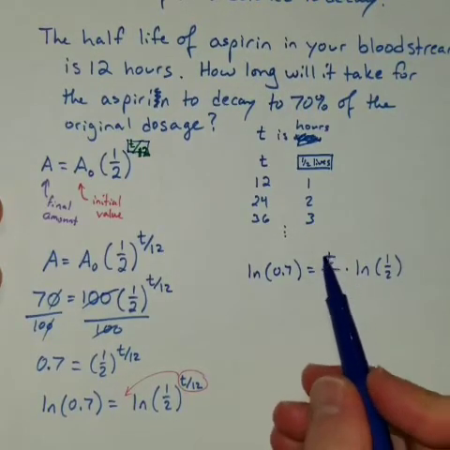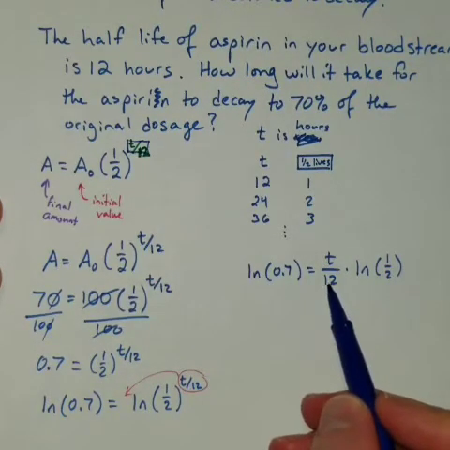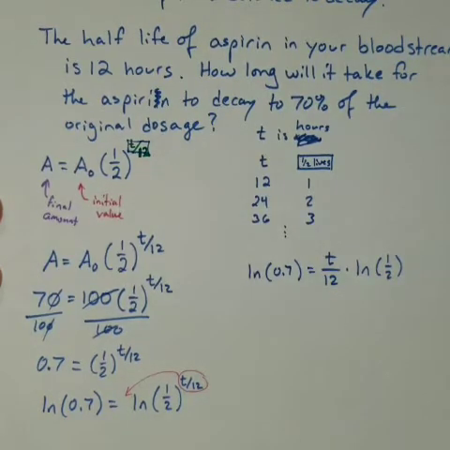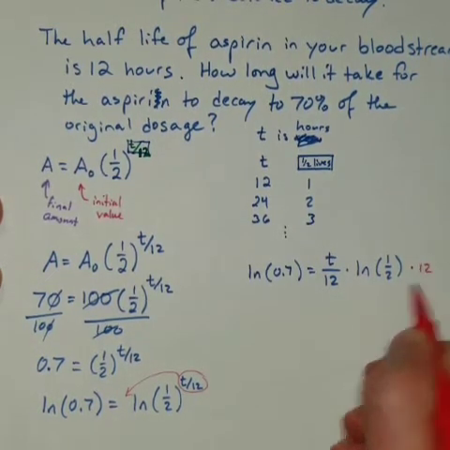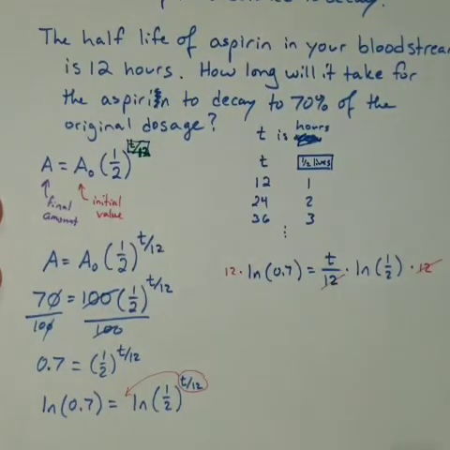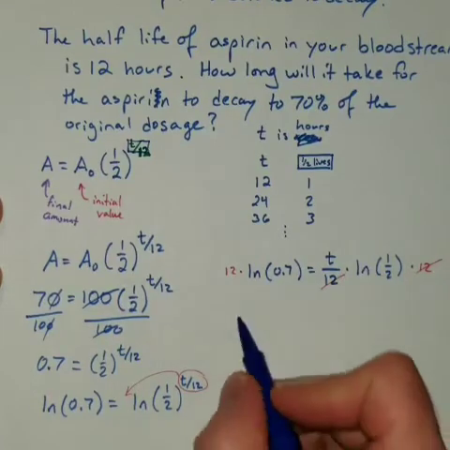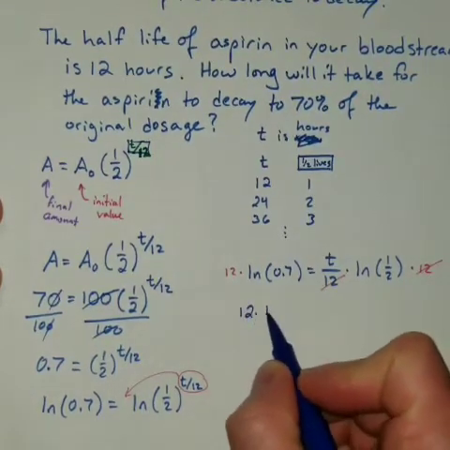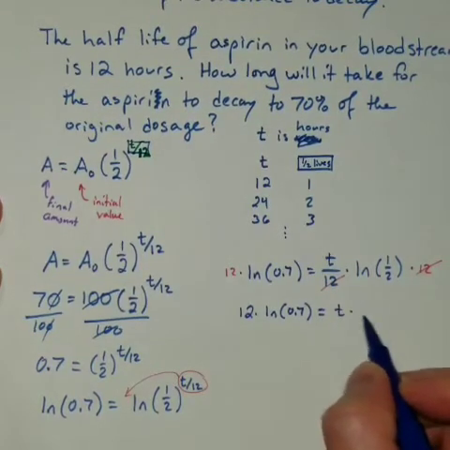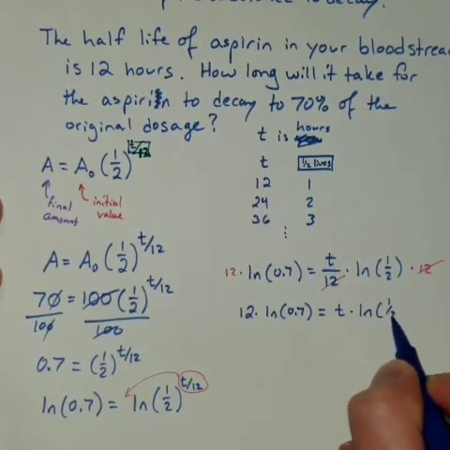Well, in order to get the t by itself, I need to multiply the 12 to both sides, so I'm going to go ahead and do that. I'll change my color here. Multiply by 12. That'll cancel it out on the right. And so I have 12 times the natural log of 0.7 equals t times the natural log of 1/2.